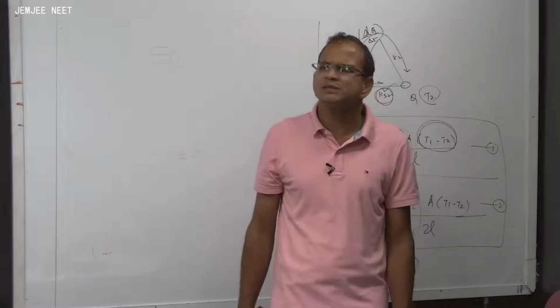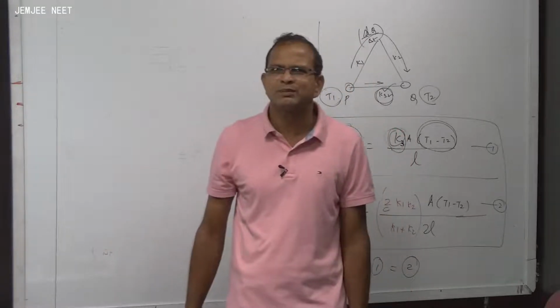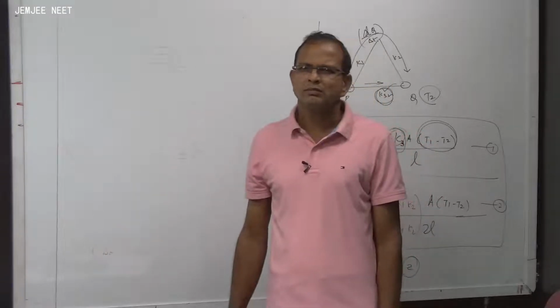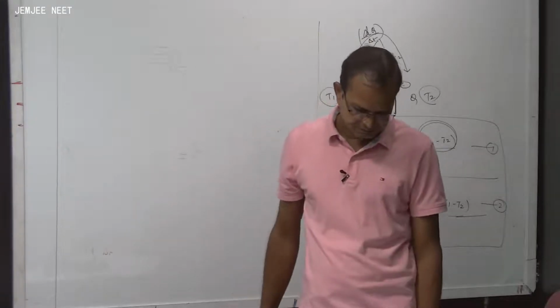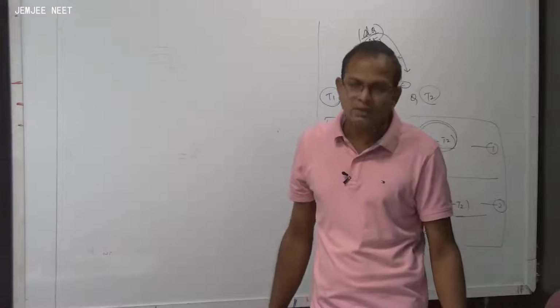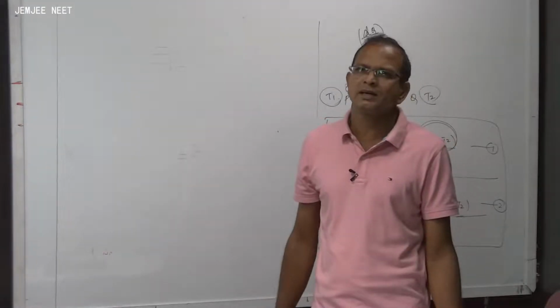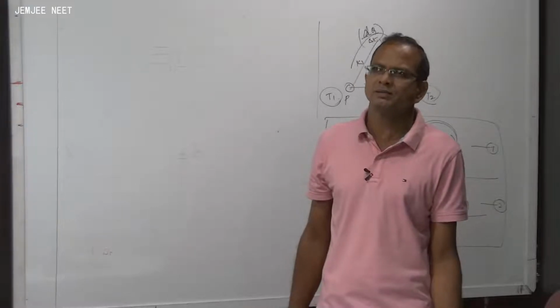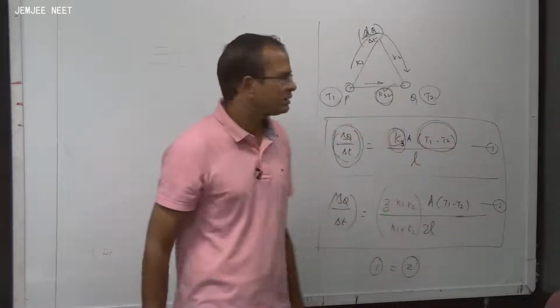See, for example, take 6 and 3. 6 plus 3 by 2 is 4.5, which is more than 3. It can come, but they have given it that way. Yes, it can come. I cannot say that it will not come, there is a chance that it may come. You are right. Yes, okay Kanna.